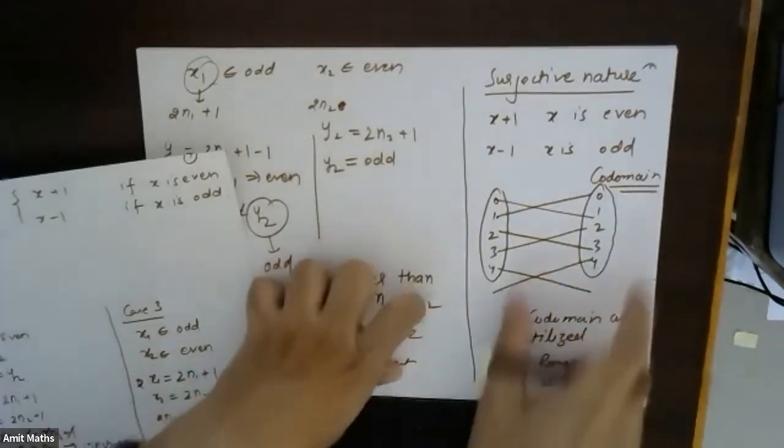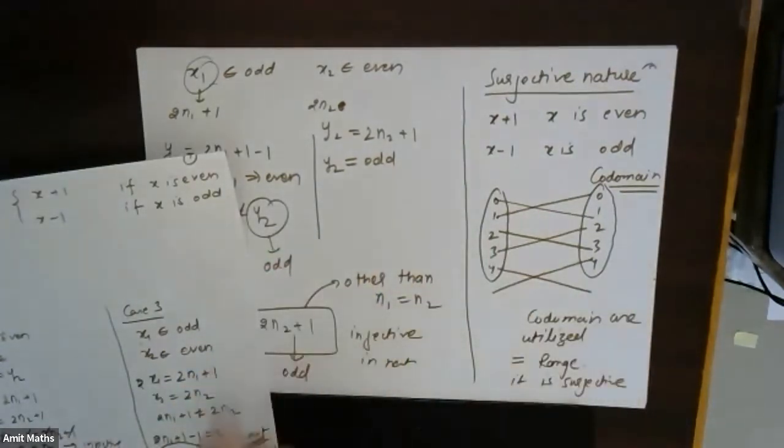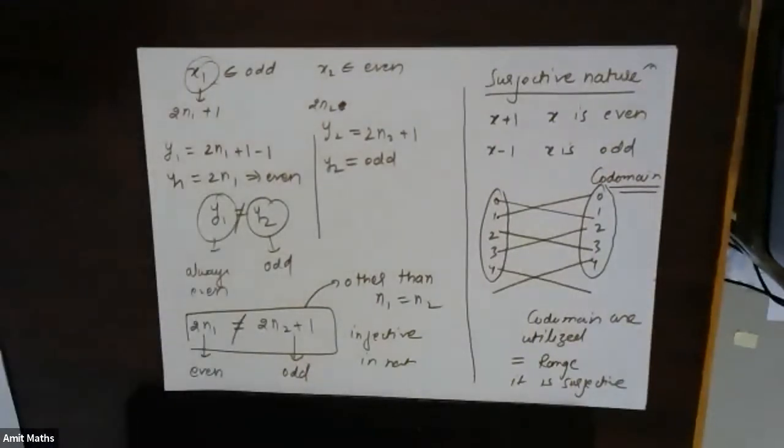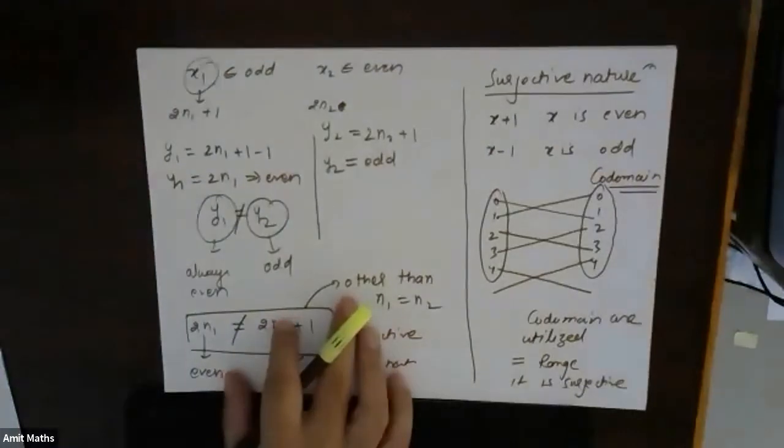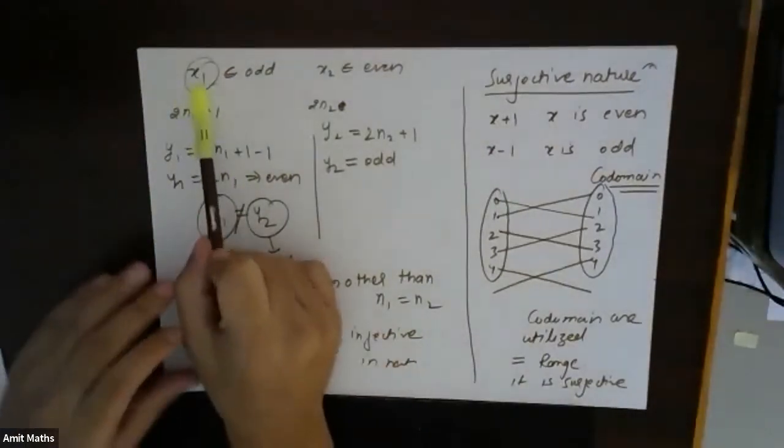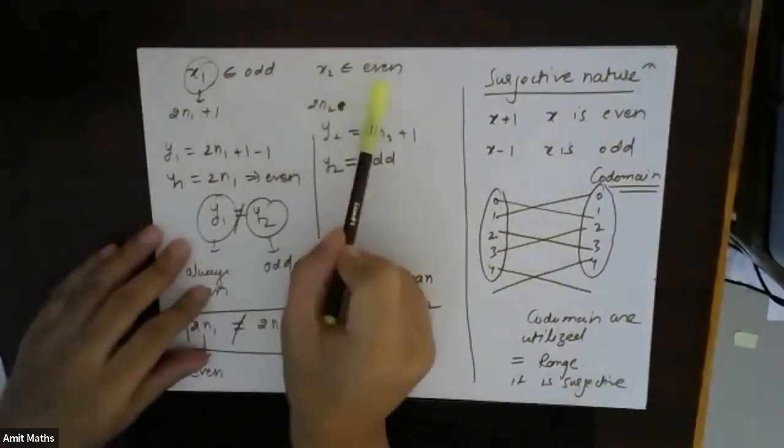Okay, so understand this thing. I will explain why in case 3 it is always injective in nature. Again, I'm explaining for case 3, just listen carefully. I have taken x1 and x2, one belongs to odd and the other belongs to even.